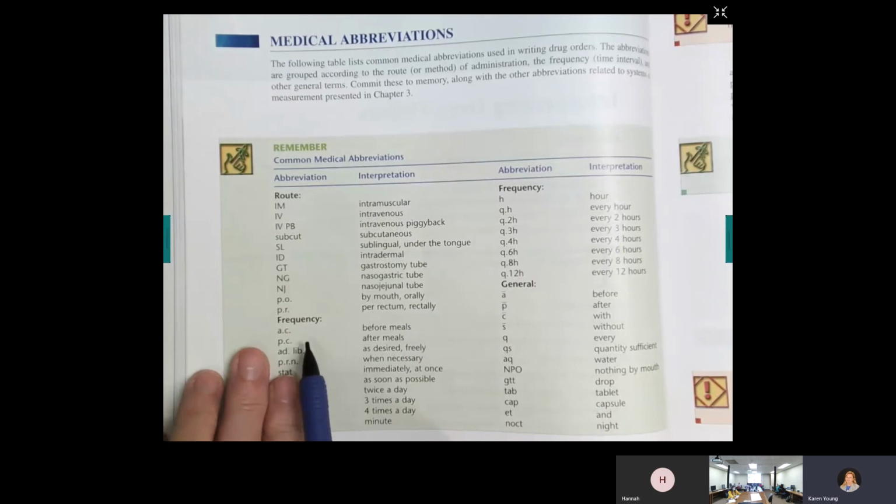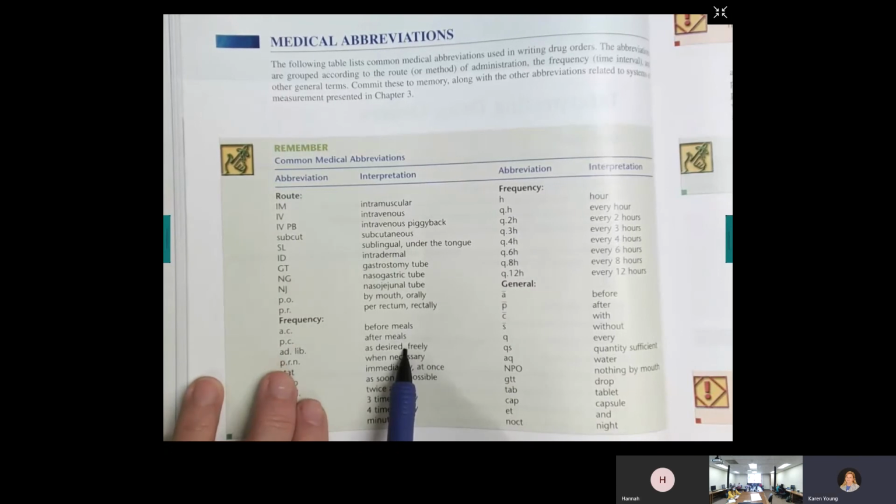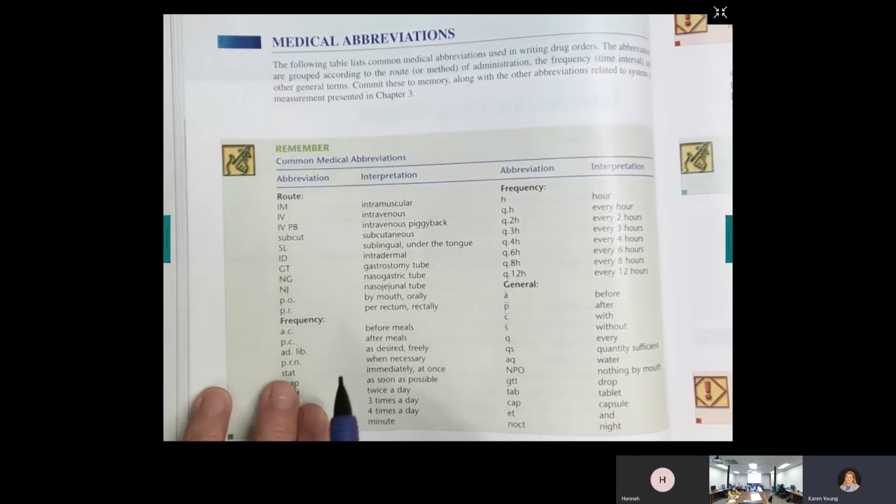Then we have our frequencies. This would be in our special instructions. Your AC would be give it before meals. PC is after meals. The ad lib as desired or freely. The PRN is when necessary. A lot of times you'll have like every 6 hours PRN. So you can only take it 6 hours apart, but only if they need it.